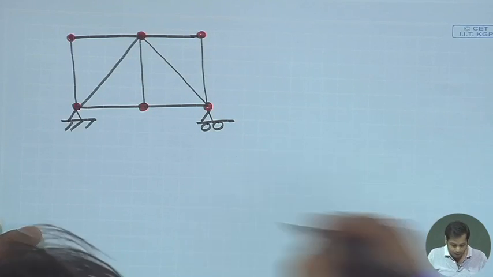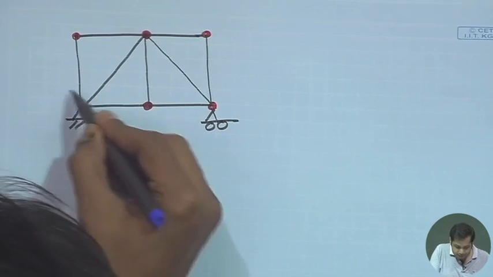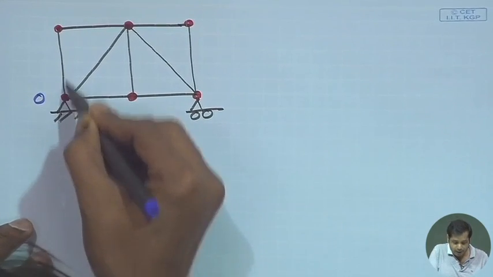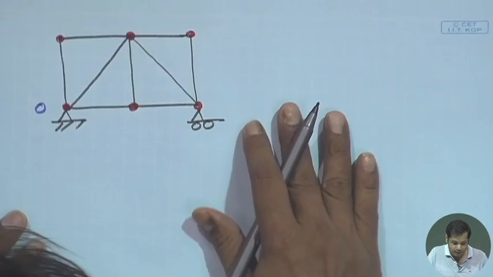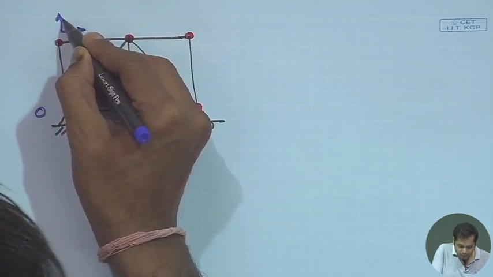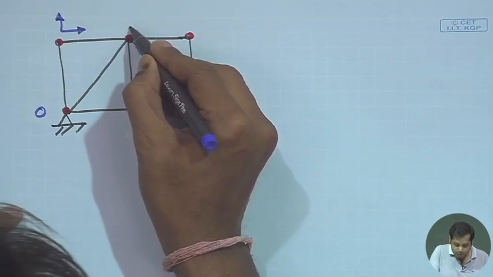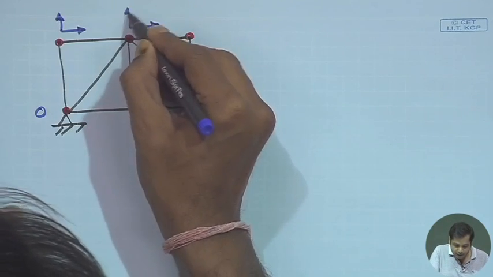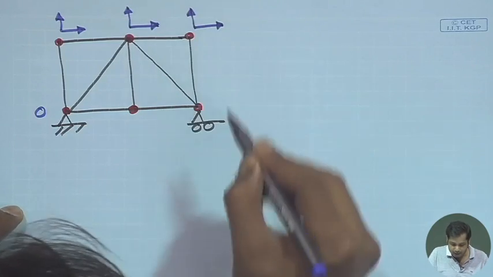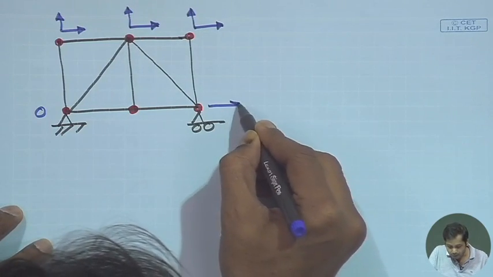You see, at this point there is no translation, because this point can neither translate in this direction nor in this direction. You see, this point can translate in this direction as well as in this direction. This point also can translate in this direction as well as in this direction. This point can translate in this direction and this direction. This point can translate only in this direction.